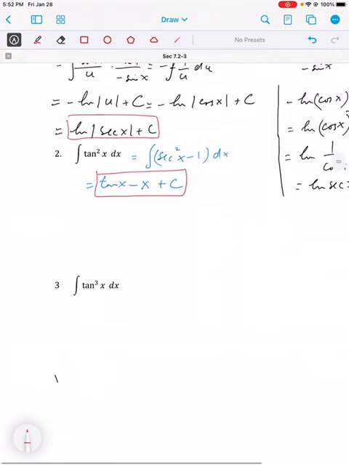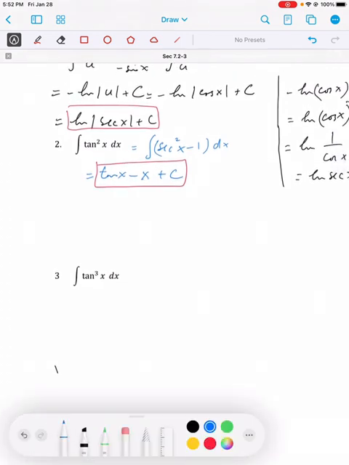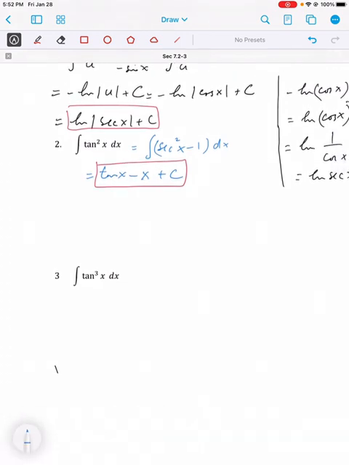What if we have tangent cube x? Well, then we have to again manipulate and try to keep some things and change some things. That's what we do. So note here, this is an odd power on tangent. So we will keep one tangent x and then the other one will be tangent square x. So we can write tangent cube x as, split it like this using the exponent rules.